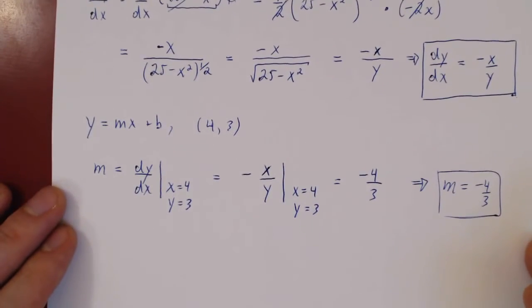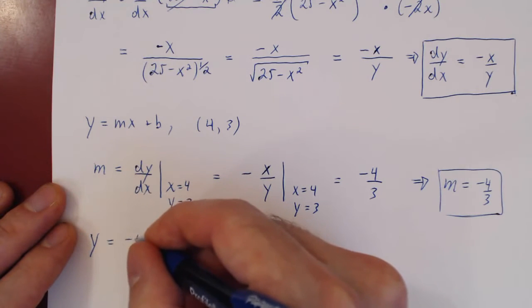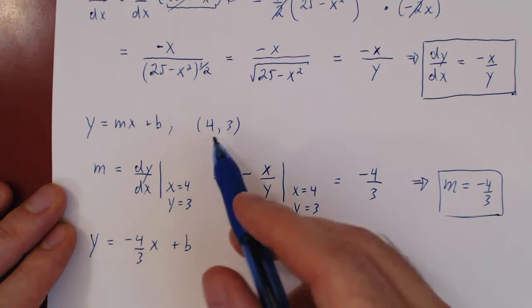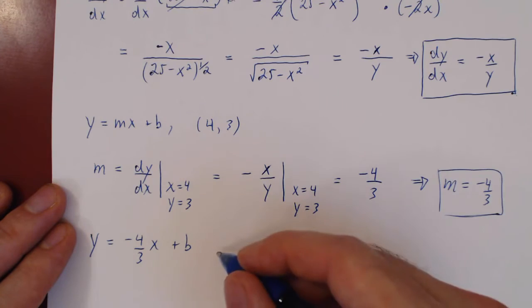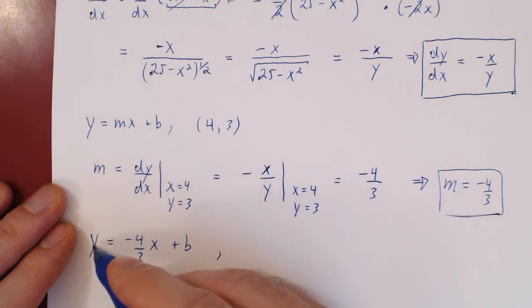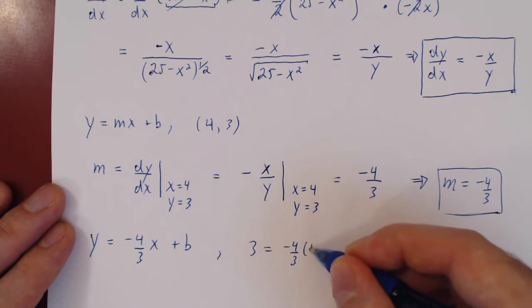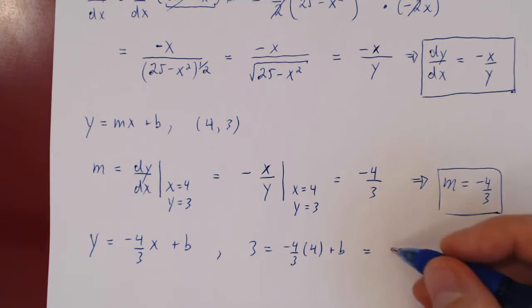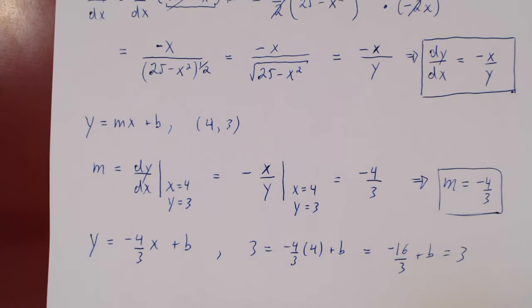And now we can find the equation if we find our b. Now y is m, which is negative 4/3, x plus b. And we know that the point (4, 3) is a point on our tangent line, so it has to solve the equation of the tangent line. So we substitute x for 4 and y for 3. So we get 3 equals negative 4 over 3 times 4, plus b. But negative 4 times 4 is negative 16 over 3, plus b, and that's equal to 3.